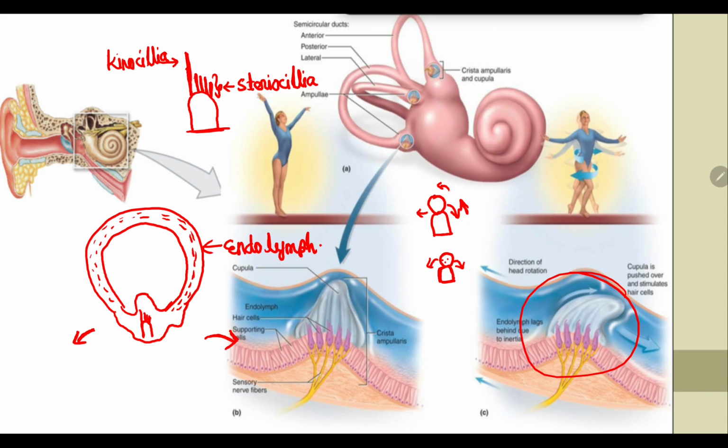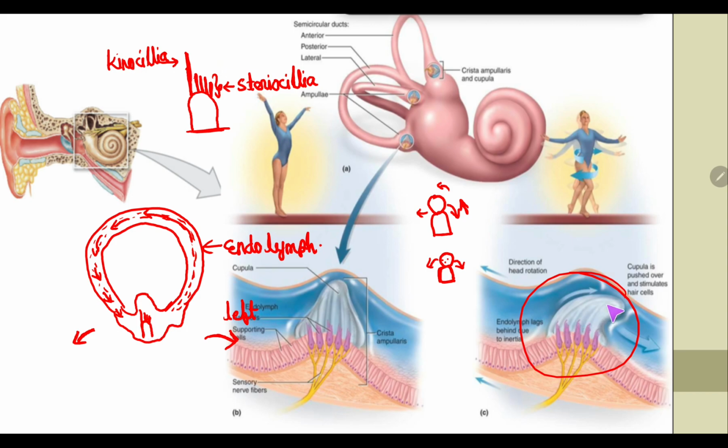Actually, whenever a person moves the neck toward the left side, this endolymph will move in the opposite direction, right? Suppose this is left, you are moving your neck to the left side, so endolymph will move to the right side, and it will bend this sensory organ.